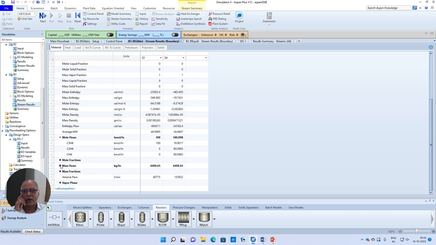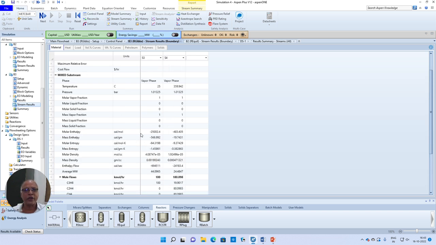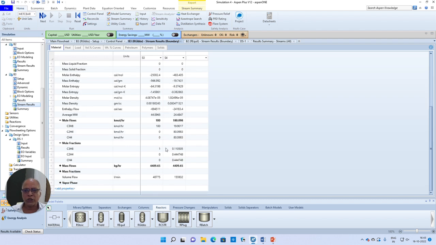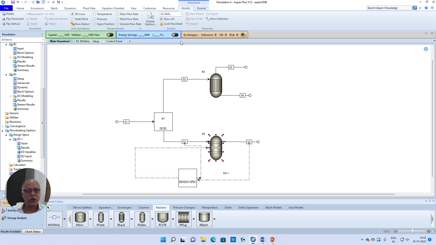So at this particular temperature of 359, the composition of the system at equilibrium is about 11% propane, 44% ethane and 44% methane. So we were able to calculate this. Now in the same way, how do we know the equilibrium constant? So we know the composition. This composition can only be calculated once we calculate the equilibrium constant.